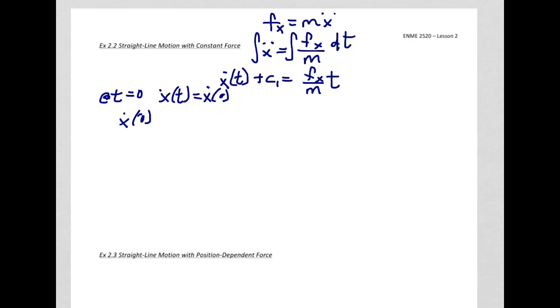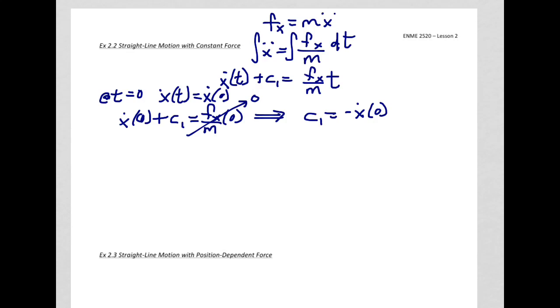So x dot at the initial time plus c1 is equal to f of x over m, and then this is at time equal to 0. So we're putting in a 0, which makes the right-hand side become 0. We solve for c1, and so c1 is equal to negative x dot at the initial time, 0.